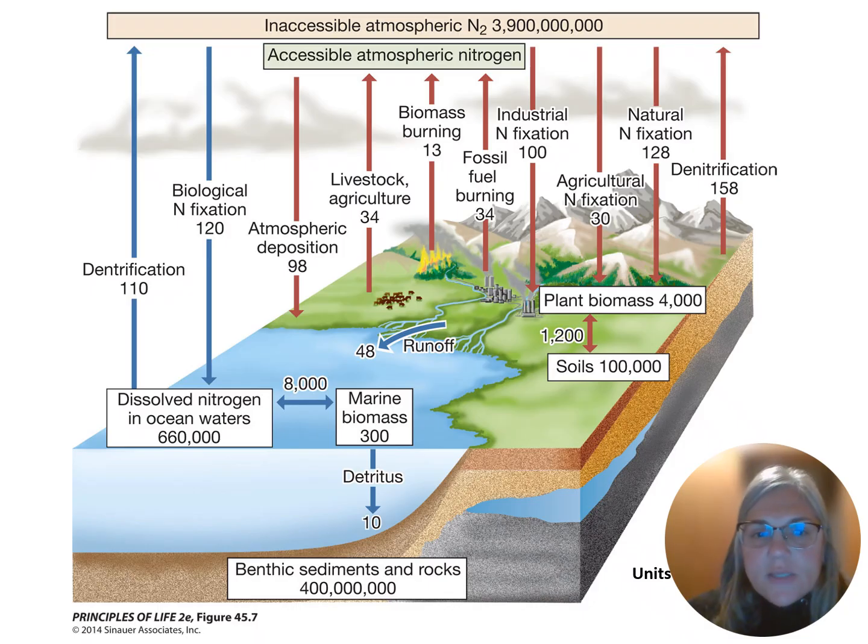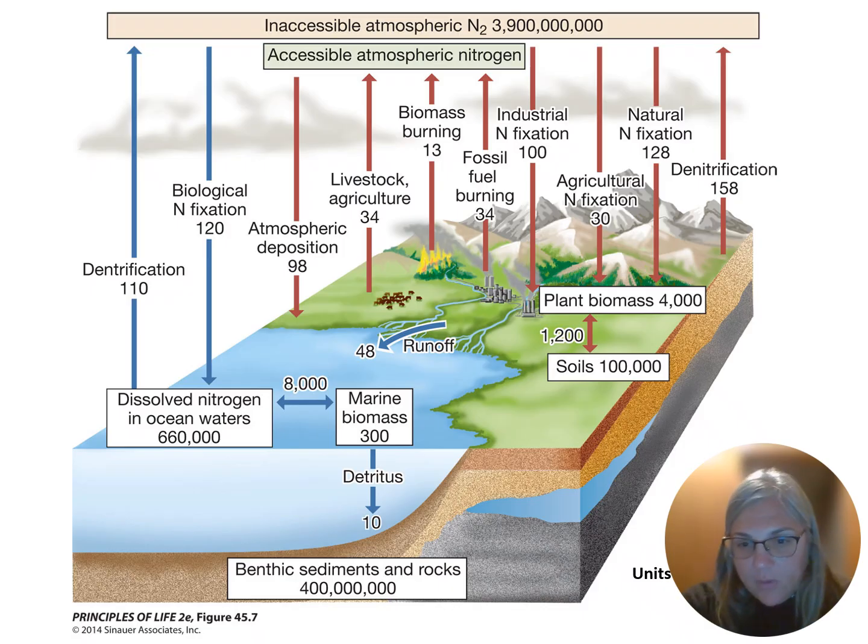It does show here the reds are... let's see, what did I want to point out here? It's got the contribution of flux from atmosphere to plant biomass through agricultural nitrogen fixation, which is about 30, I think it's teragrams.